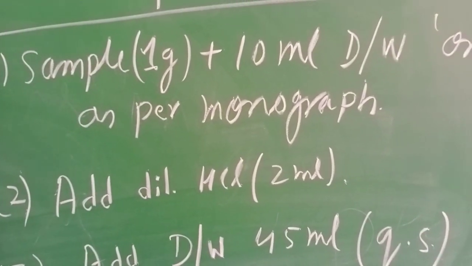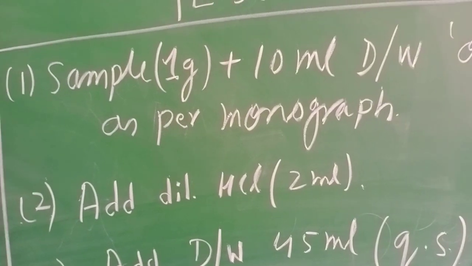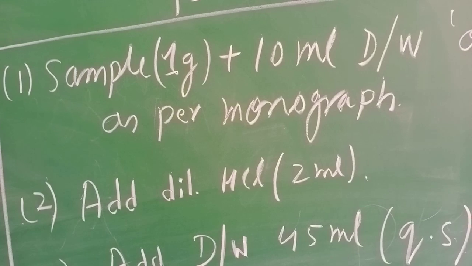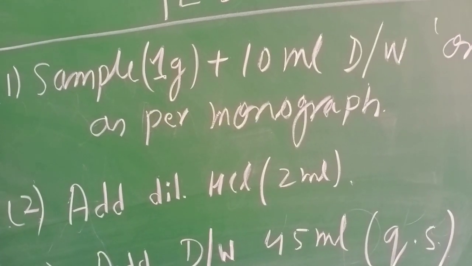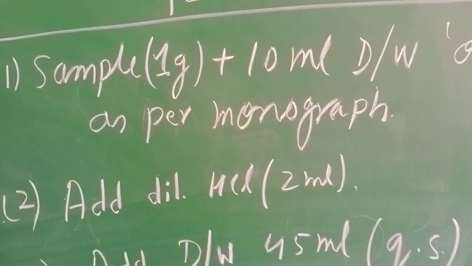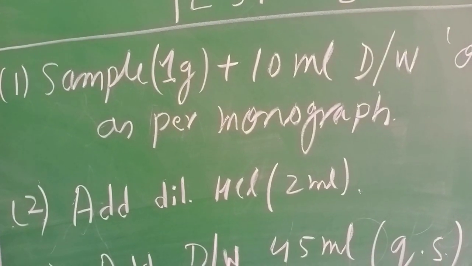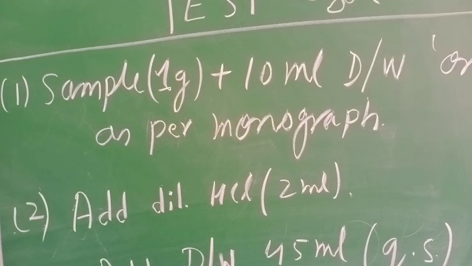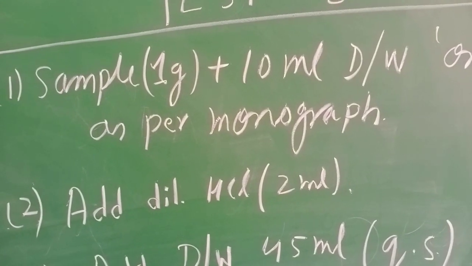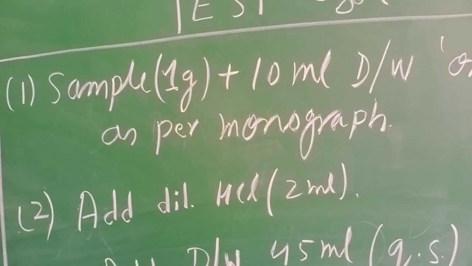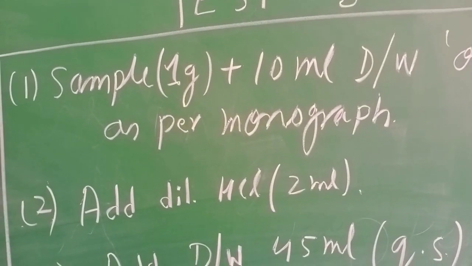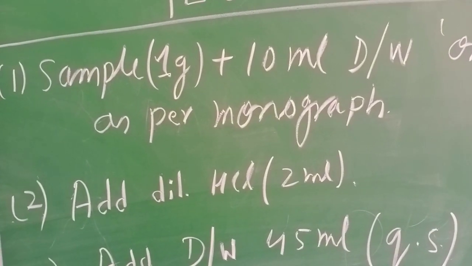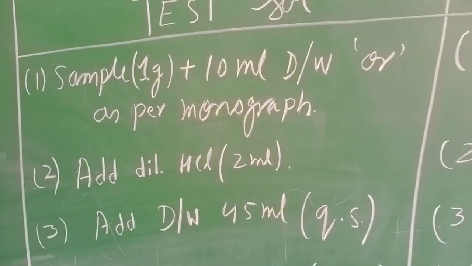And wherever it is required, the sample must be pre-treated before its exposure to the limit test of sulfate. So as per this procedure, we here dissolve 1 gram of sample in 10 ml of distilled water, or we prepare the sample as given in the monograph.